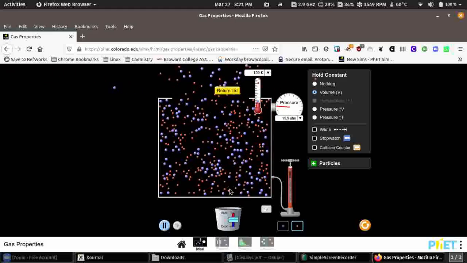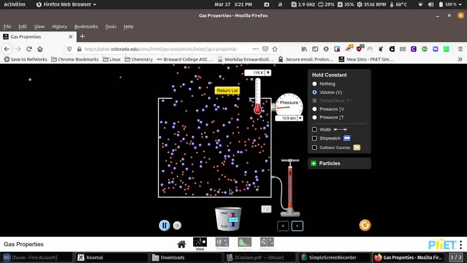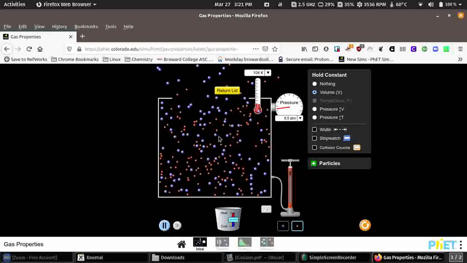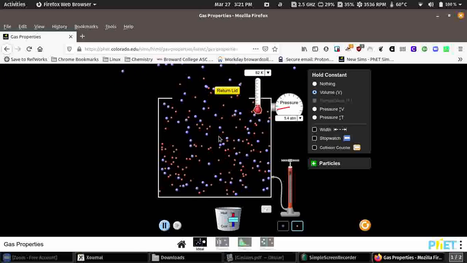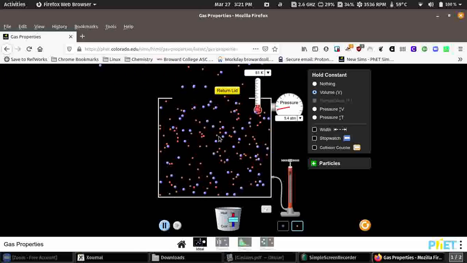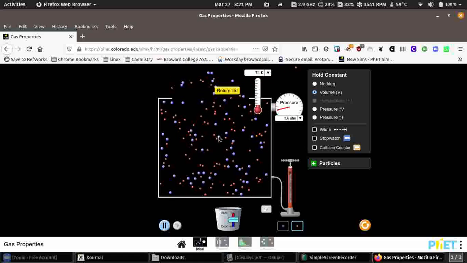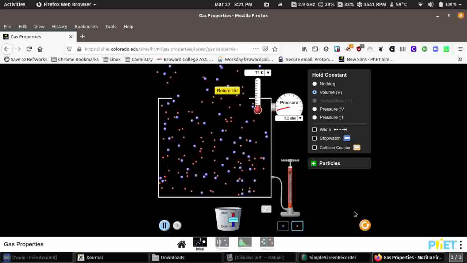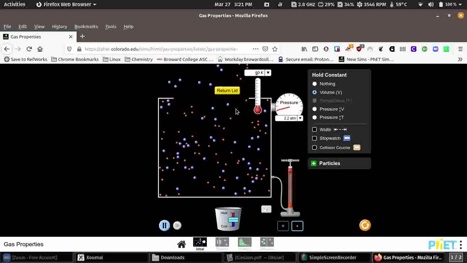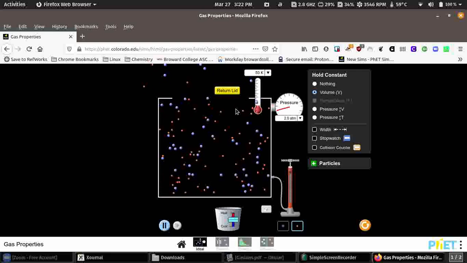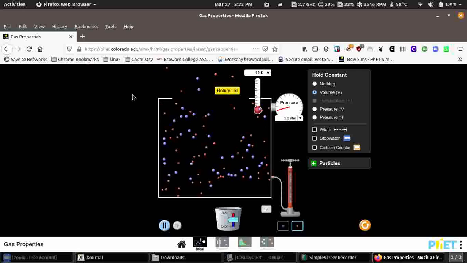The gas is just trying to go the path of least resistance, and then it's going to diffuse out into the atmosphere until it's as far away from all the other molecules as possible, so it can return to its own little stable state. Okay, so you guys can play around with this when you want, but I just wanted to show you what I was talking about. It helps to visualize it.